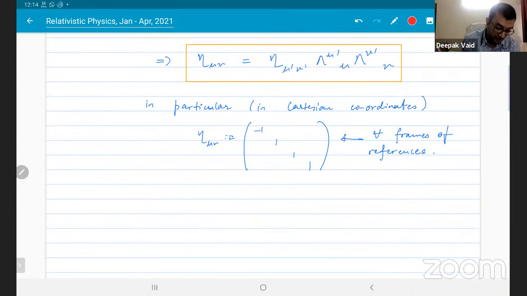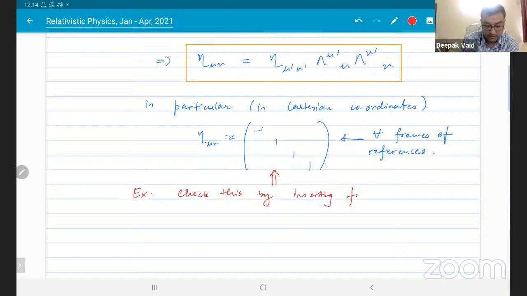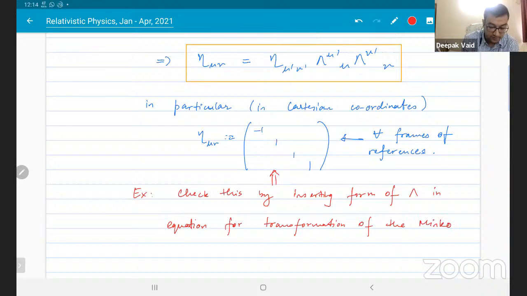So your exercise is to check this by inserting the form of lambda in the equation for the transformation of the Minkowski metric.